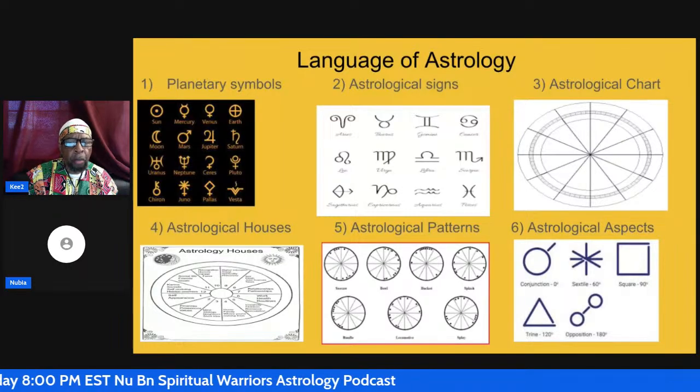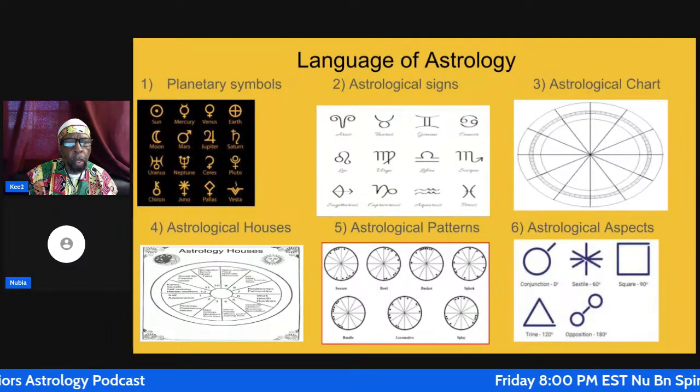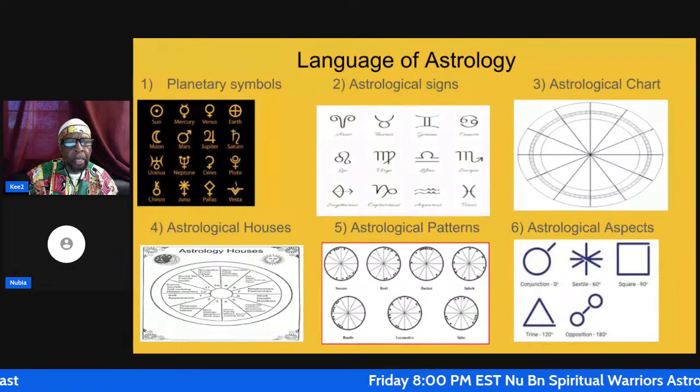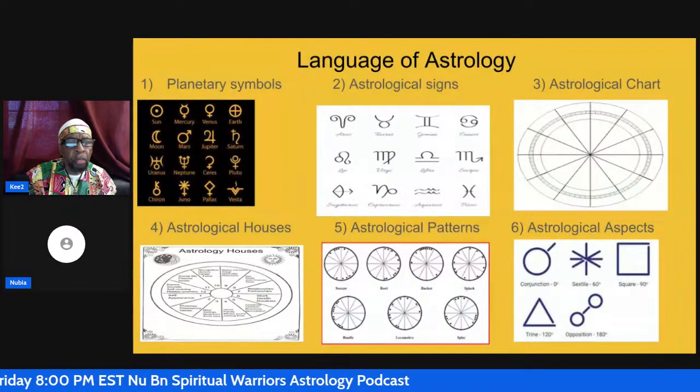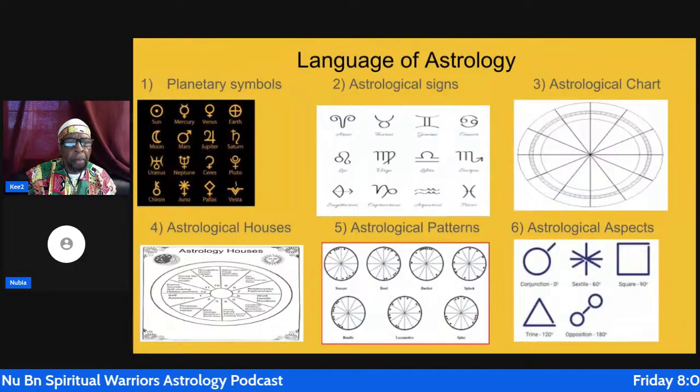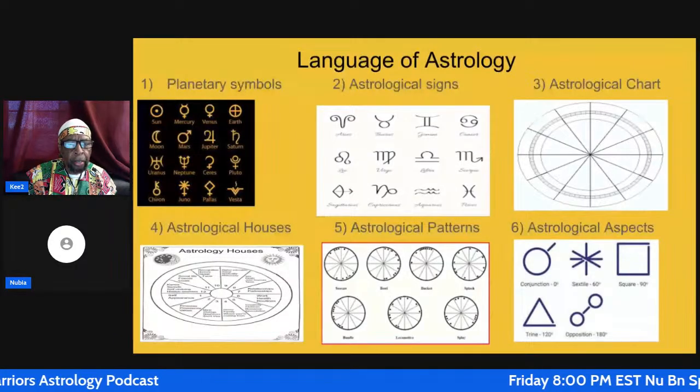So basically what I'm saying is fire trines fire, water trines water, air trines air, and earth trines earth. You'll get a better understanding of that as we continue to move along and you continue to be present at the podcast.